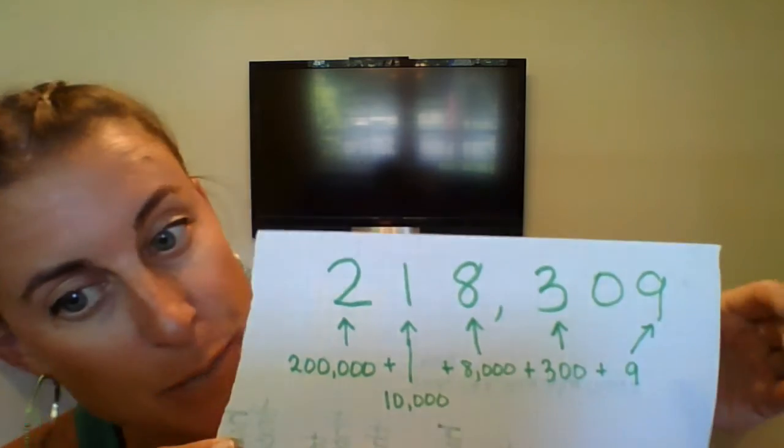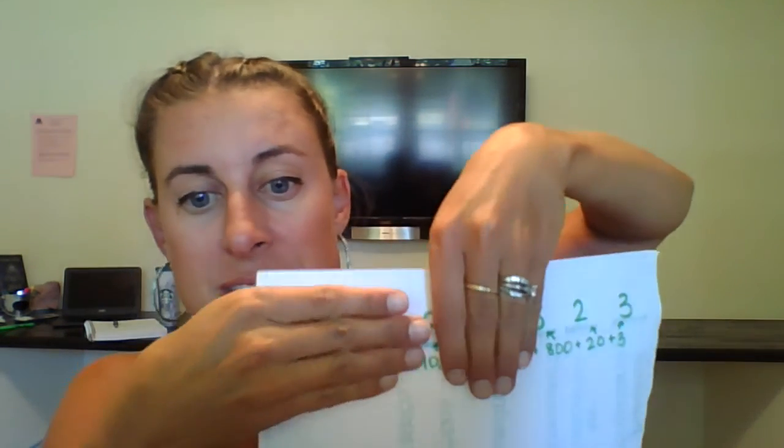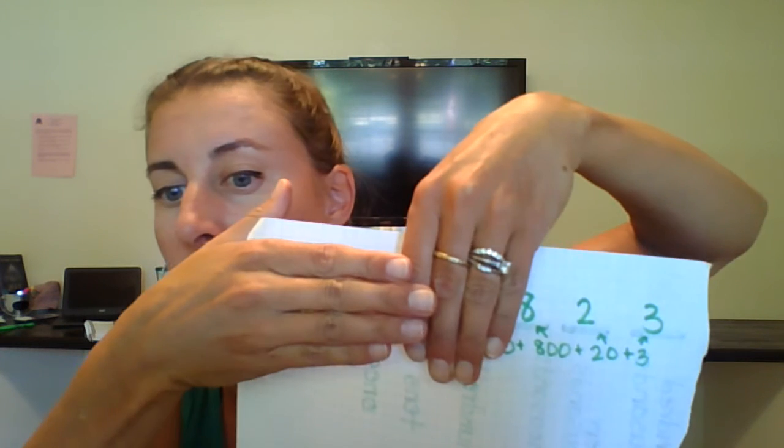You maybe did expanded form last year with smaller numbers when you were in 2nd grade. So maybe you guys just did 800 plus 20 plus 3 for 823. We're going to play with it and make it a little more challenging and fun by taking those numbers and breaking them apart all the way out to the 100,000s place.